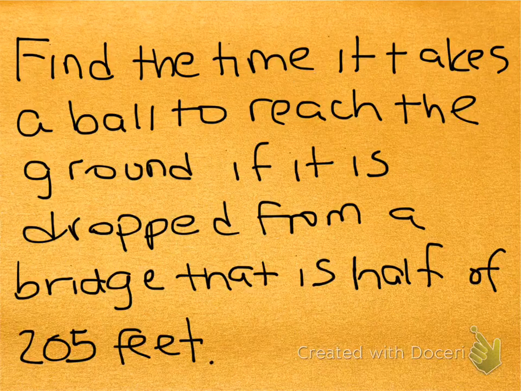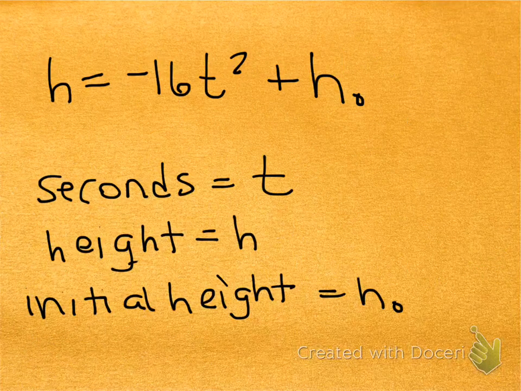So if we go back here, it says it's dropped from a bridge that is half of 205 feet, so the initial height is going to be half of 205, which is 102.5. So that's going to go in here for h sub 0.